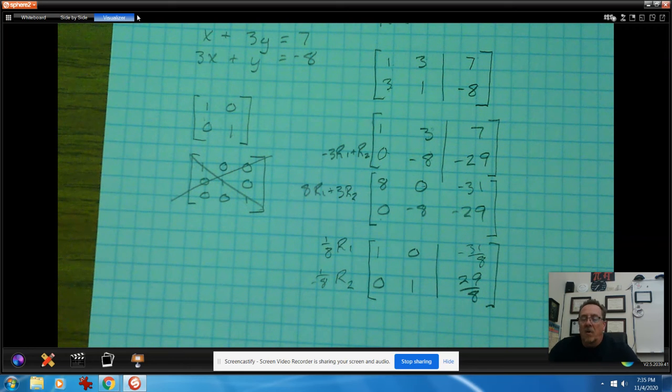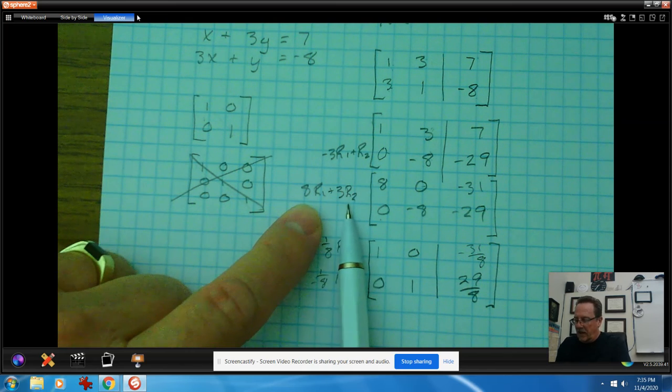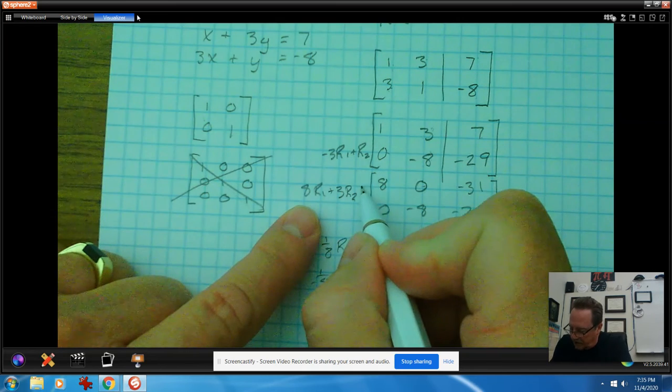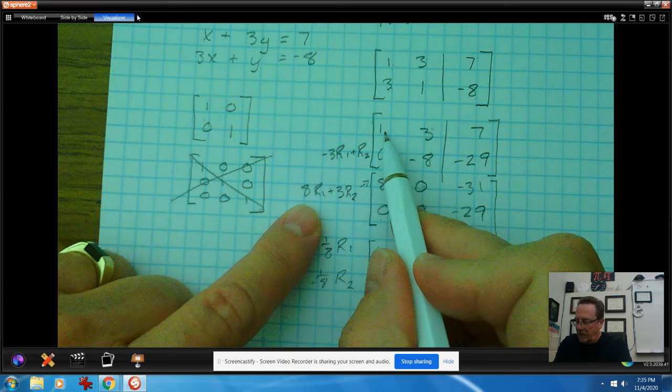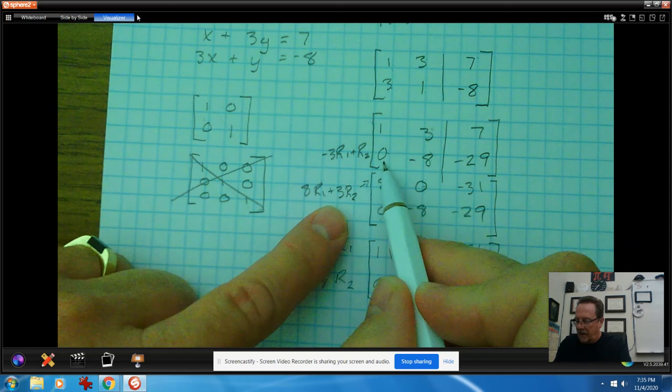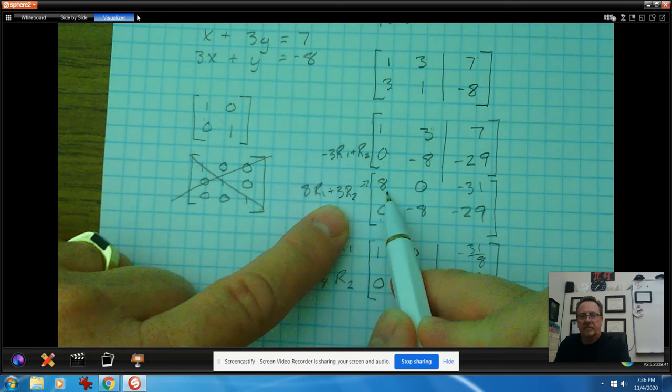Or I can add any multiple of any row to any multiple of another row, which is what we did up here. We said, oh, I'm going to take this first row, right? And I'm going to multiply by 8 and add it to 3 times this row and replace it.